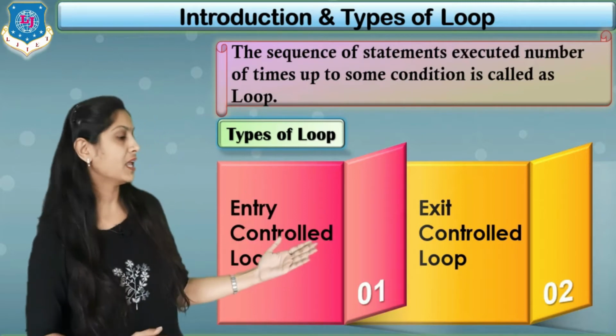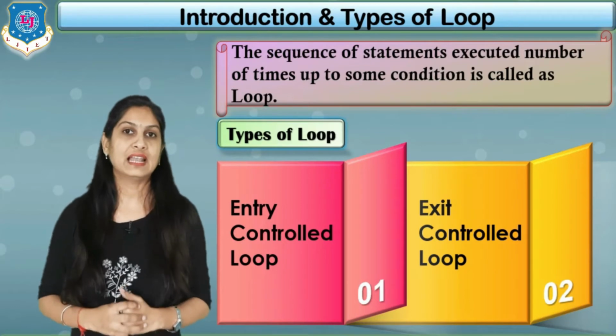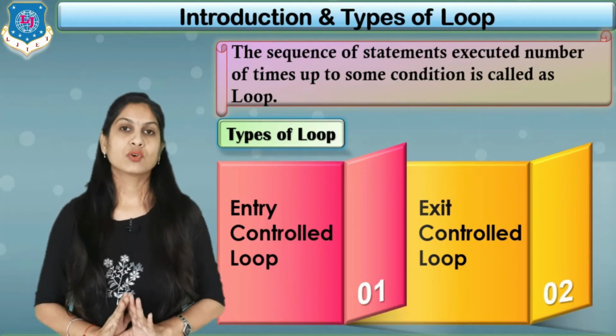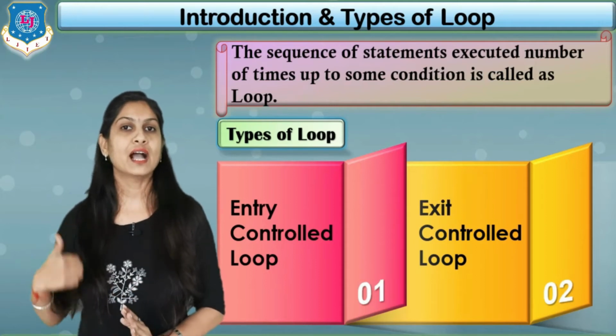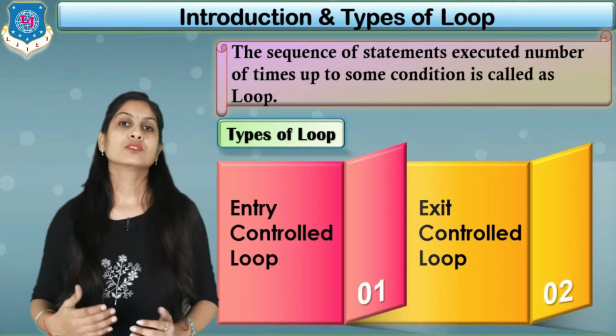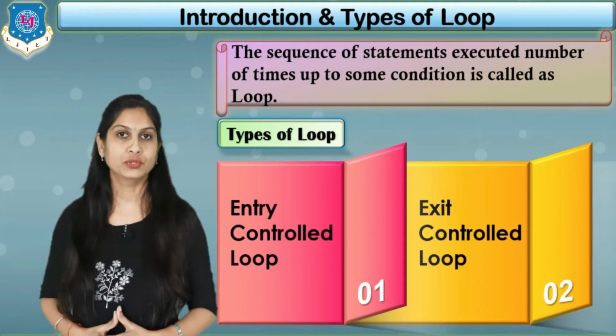The second is exit control. In this case, suppose I say, you can go if you have completed this work. So in that case, the condition is for getting outside, so it is known as an exit control loop. These types of loop we have to learn in this particular unit.